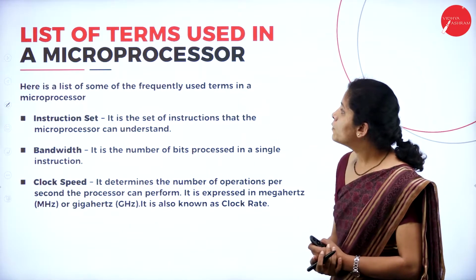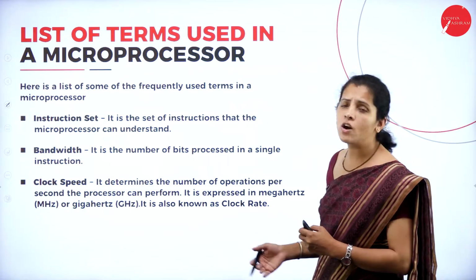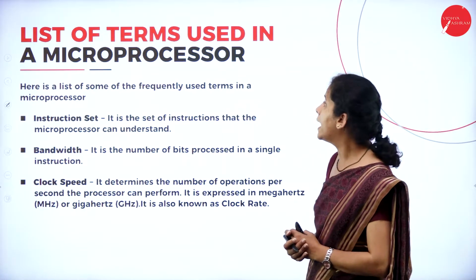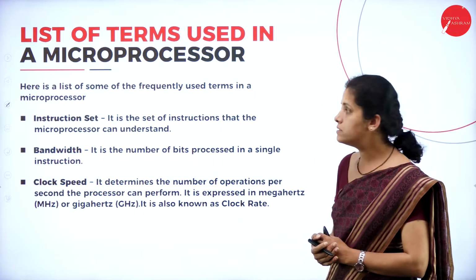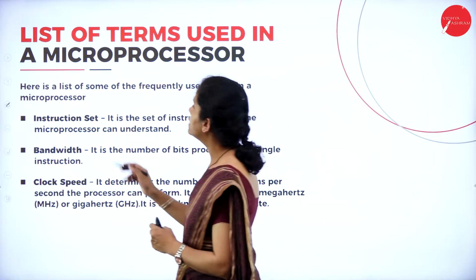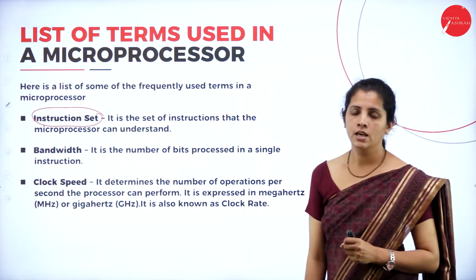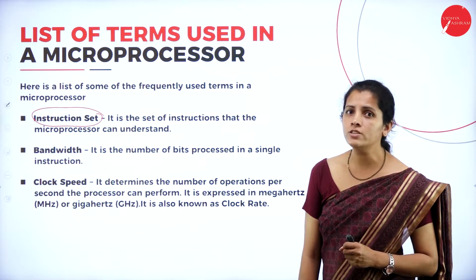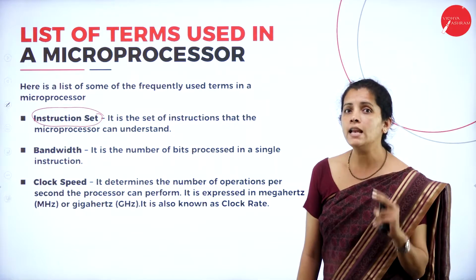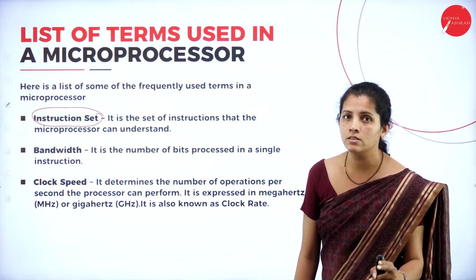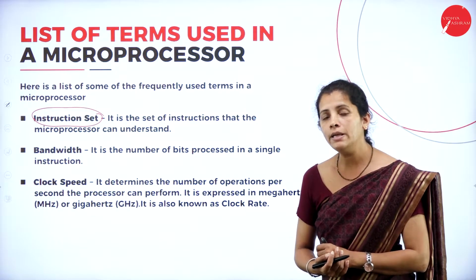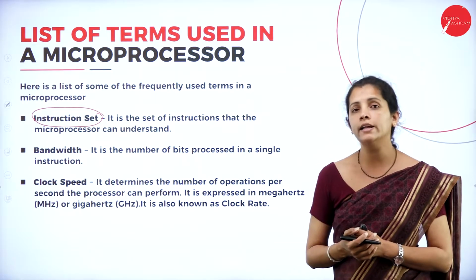Now, I'm going to have the list of terms used in a microprocessor. So here at the beginning, I'm going to have instruction set. Now, what is this instruction set? Before that, tell me what is instruction. Before that, tell me the difference between data and instruction.